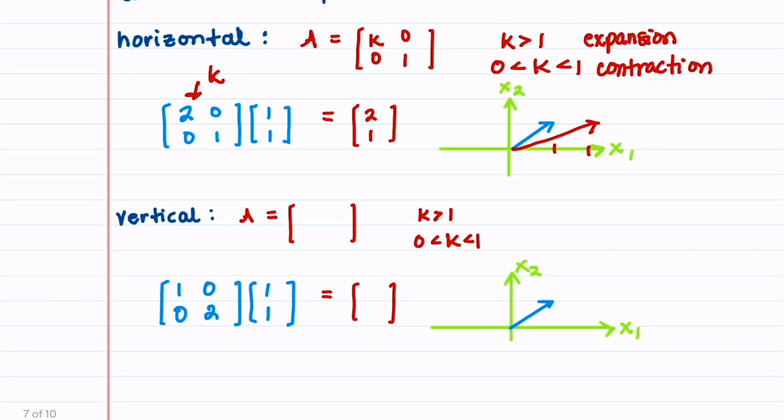The vertical contraction and expansion is going to be very similar. For this one, our standard matrix looks like this. We have a 1, 0, and then a 0, K. When K is bigger than 1, we again have an expansion. And when K is between 0 and 1, we have a contraction.